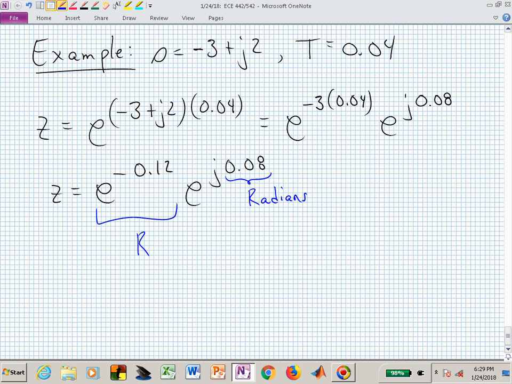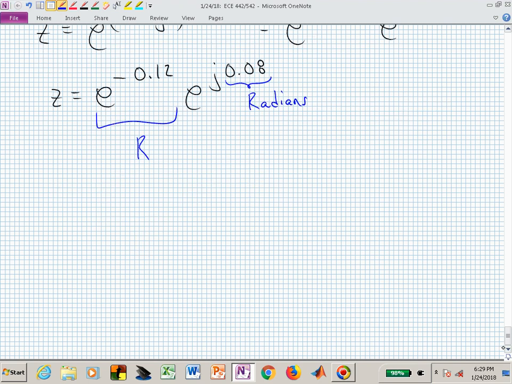How many radians do you have in a full circle? 2 pi. So now you can relate 360 and 2 pi to convert that 0.08 into an angle in degrees, so that e to the minus 0.12 ends up being 0.887, and that's e to the j 4.58 degrees.